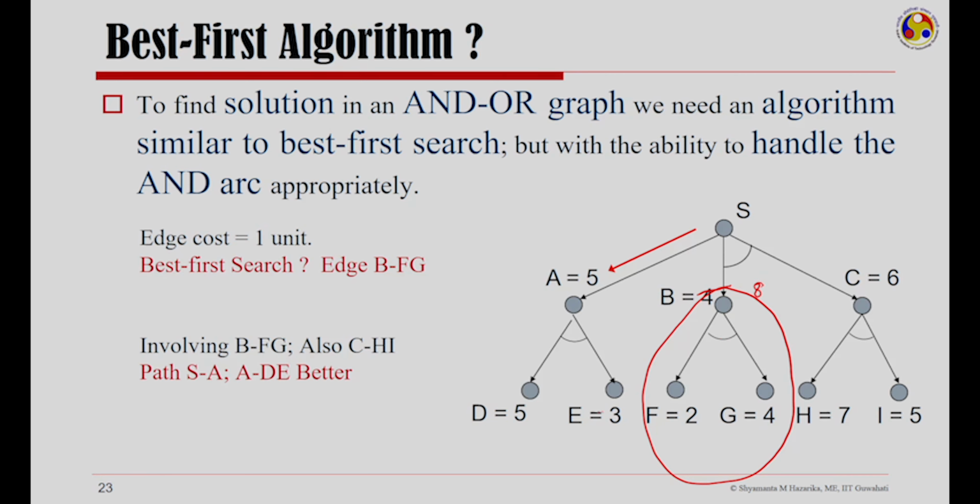This would be 5 plus 3, 8 plus 2, 10, whereas this one here would be 7 plus 5, 12 plus 2, 14.